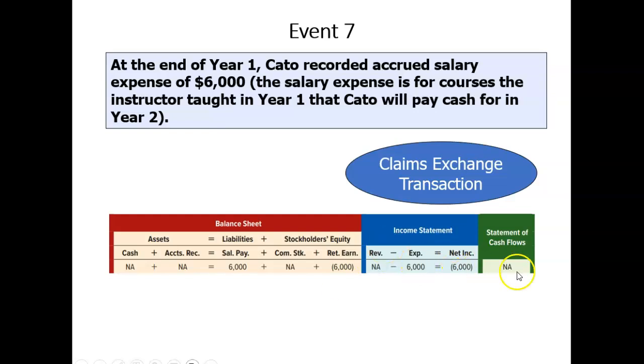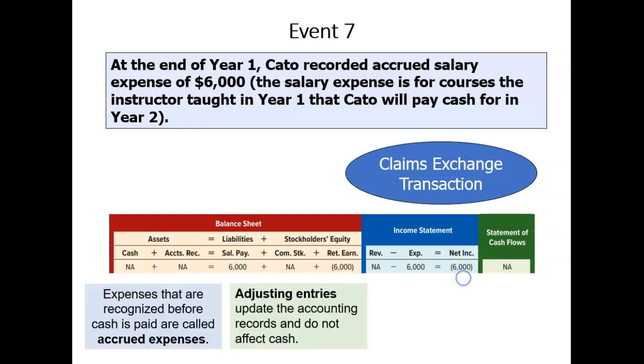Under the income statement, $6,000 of expenses for this transaction alone would give you a net loss of $6,000. There's no cash involved, so it does not impact your statement of cash flows. So this is an accrued transaction where the expense is being recognized before cash is actually being paid. Okay?